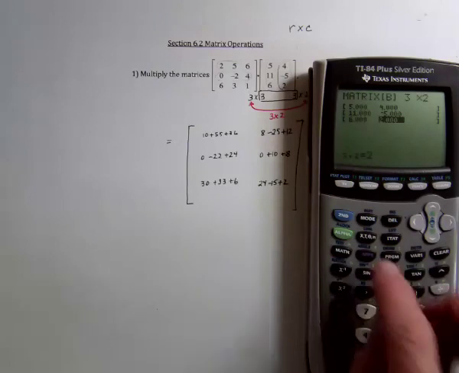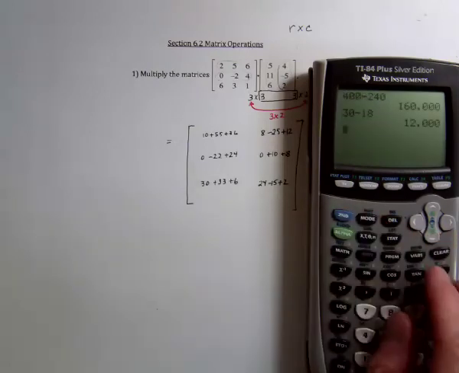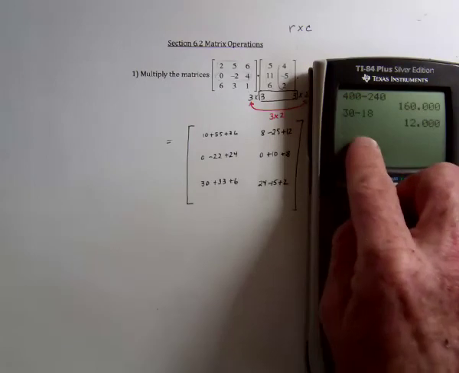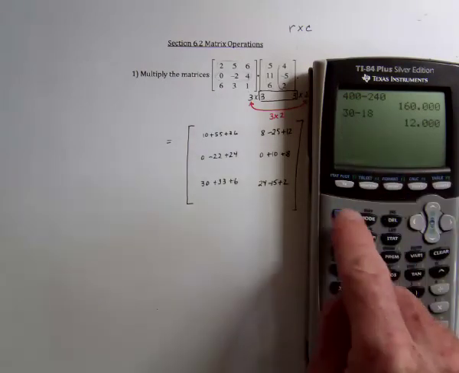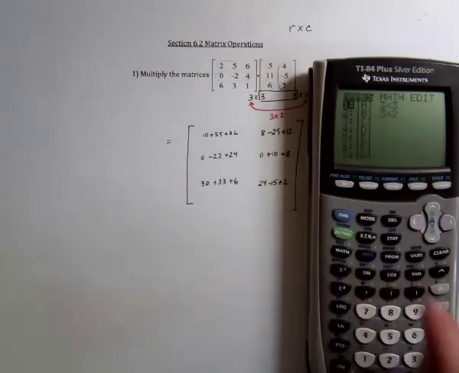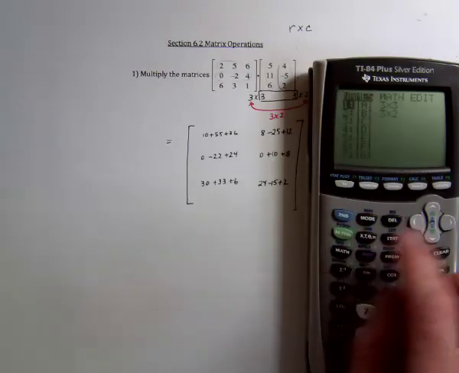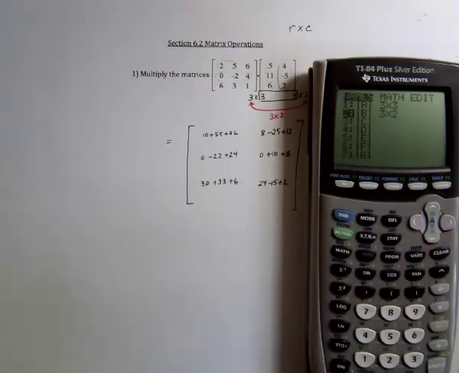Now that we have the two matrices, quit. And now what we need on the home screen is to be able to say matrix A times matrix B. So if you go to second matrix, there's matrix A, go to second matrix, and under the names there's matrix B, and then multiply them.